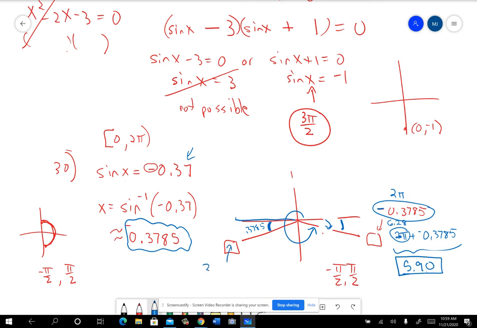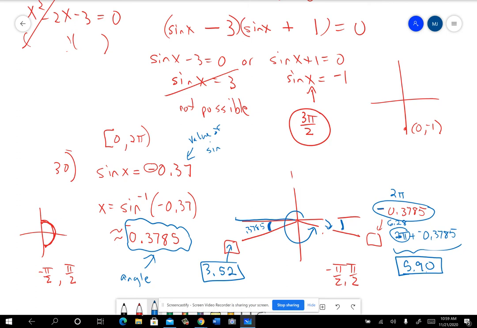This one right here turns out to be about 3.52. What's hard about this is it doesn't feel like an angle, so it's hard to distinguish. This is the value of sine of some angle, and this is the angle itself. And they just happen to be really close in size, so that makes it complicated.